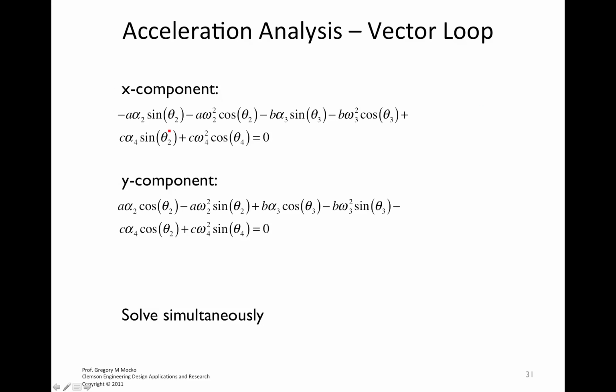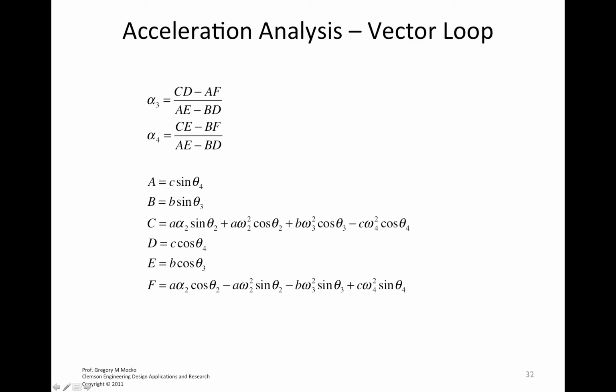From here, we've got our simplified x component and y component expressions. We can solve these two expressions simultaneously. And when we solve them simultaneously, we end up with these two expressions for alpha 3 and alpha 4.